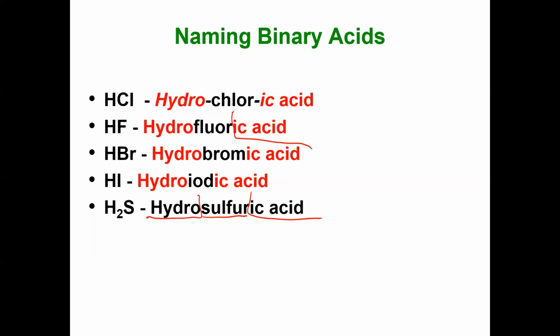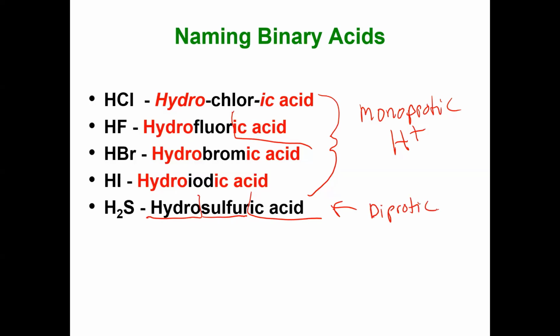Now, are there any other differences? Well, if we look at these first 4, they're all referred to as monoprotic. Monoprotic meaning they can only release 1 proton, 1 hydrogen. So hydrosulfuric is a diprotic.